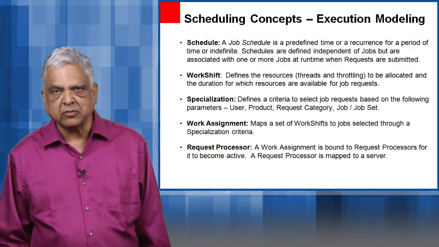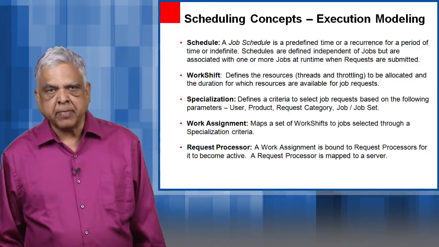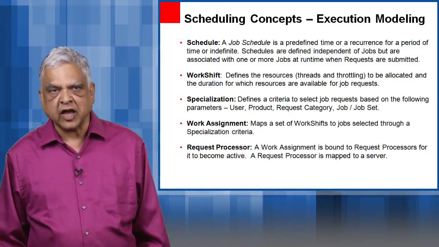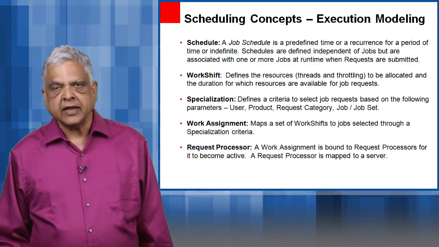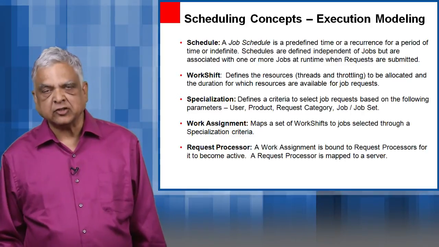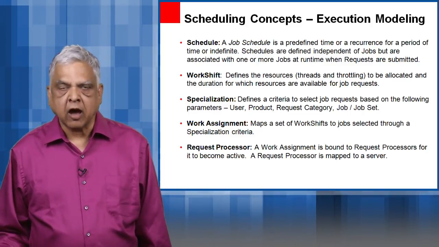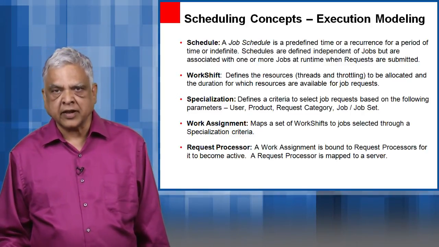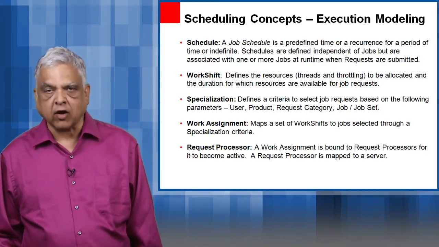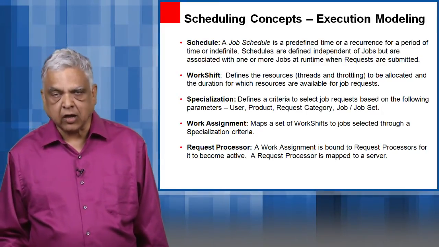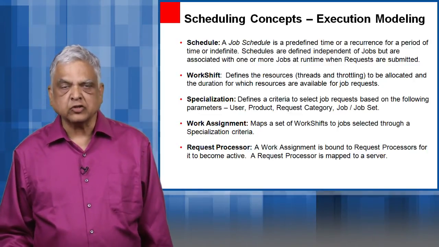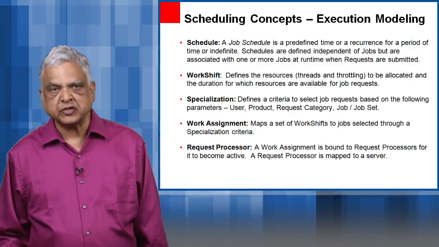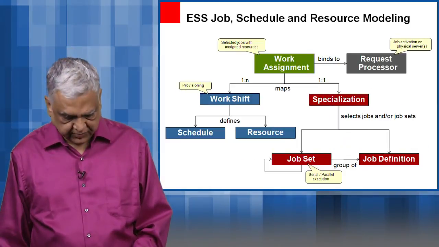At the scheduled time, the job will execute, and then based on the work shift, work assignment, specialization, and request processor configuration, it will indicate which managed server it should actually run in, and how many threads are available for running the job, and whether there's throttling for asynchronous jobs in terms of max concurrency of asynchronous jobs and stuff like that. So those are all controlled by work shift, specialization, work assignment, and request processor.